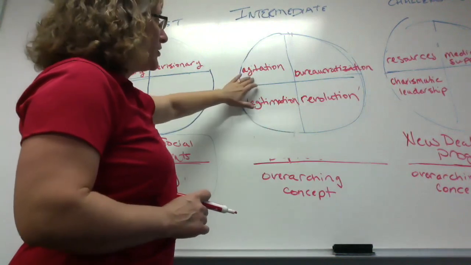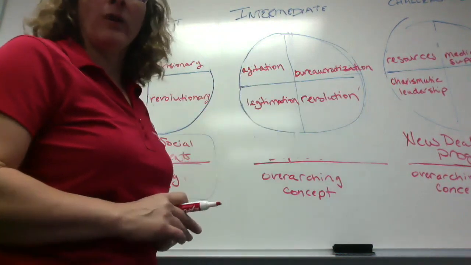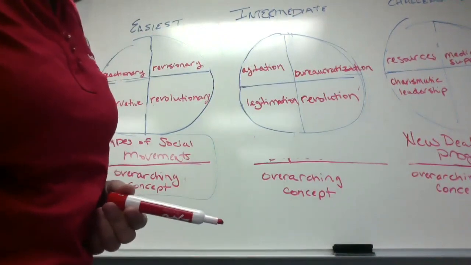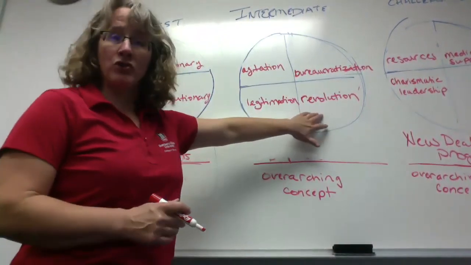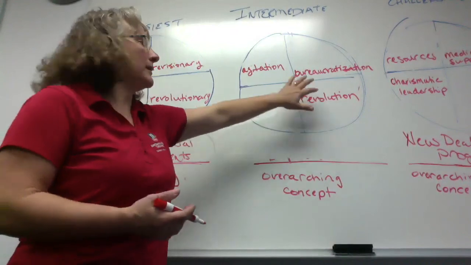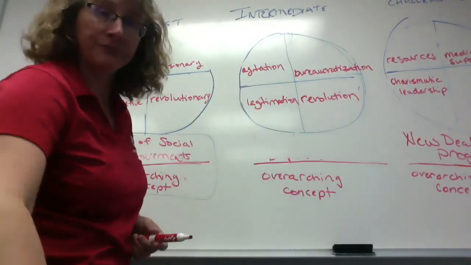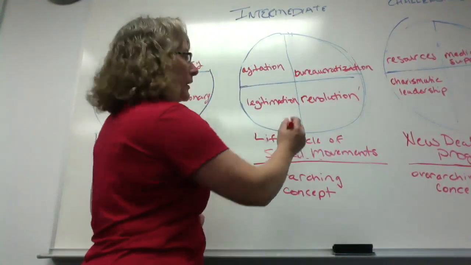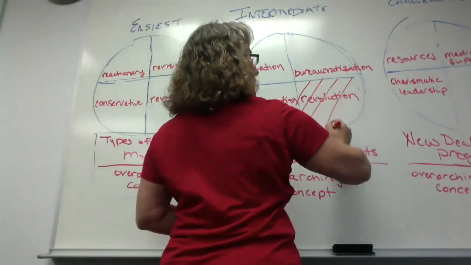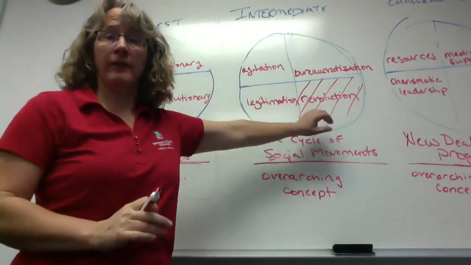Now, agitation, legitimation, and bureaucratization all go into the steps of the life cycle of social movements. Revolution is a kind of social movement, but it is not part of the life cycle of social movements. So I wrote down the overarching category, and now I'm going to get rid of the category that doesn't fit here.